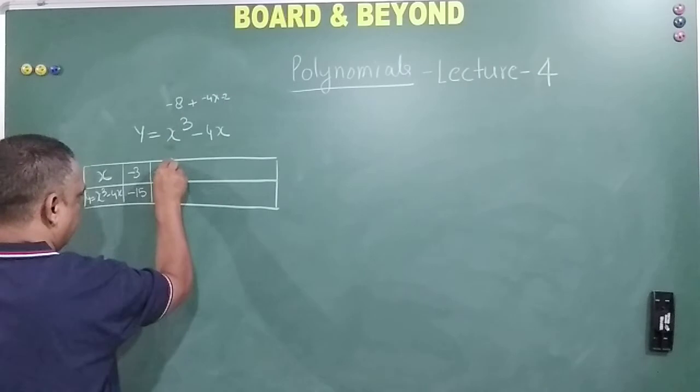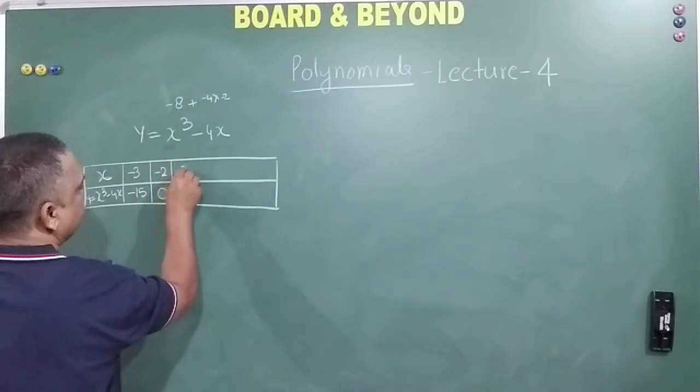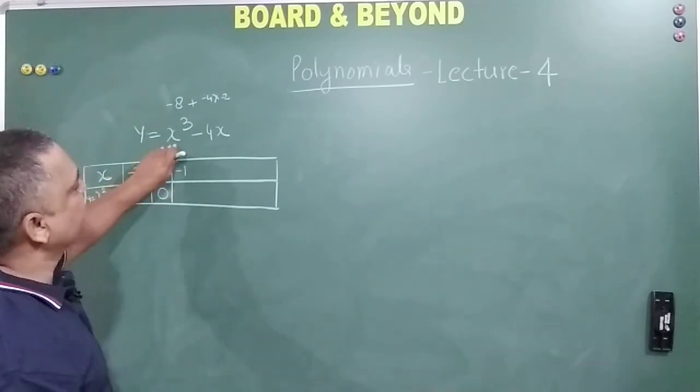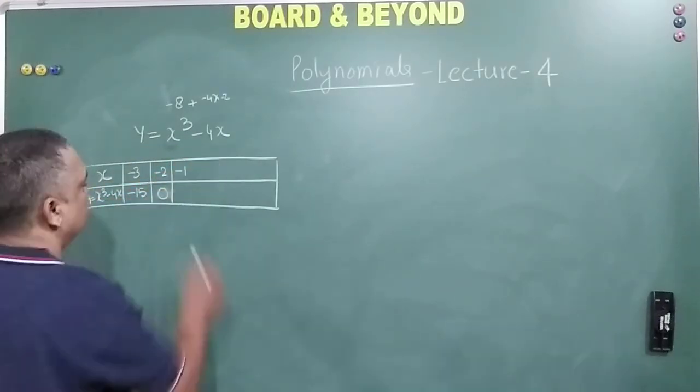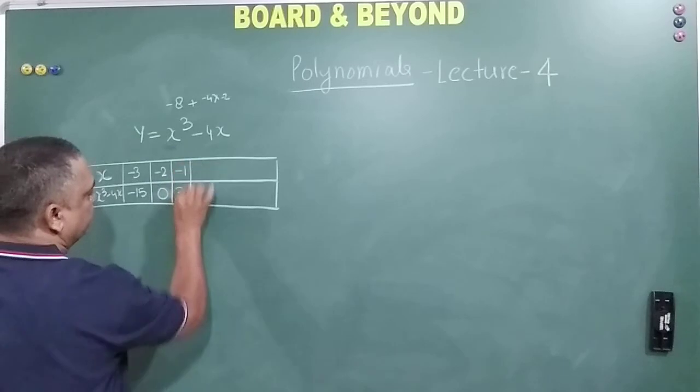So minus 8 plus 8, it becomes 0. Now let's take x is equal to minus 1. This becomes minus 1 plus 4, that is equal to positive 3.